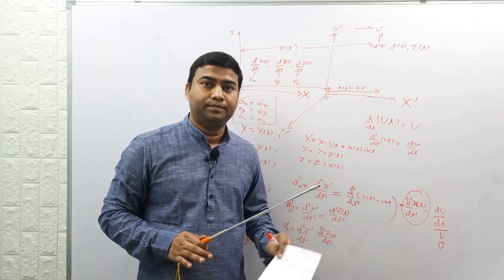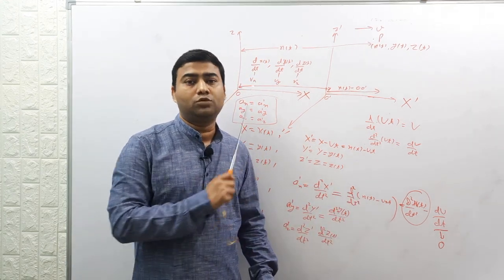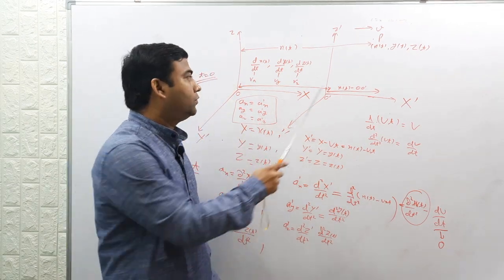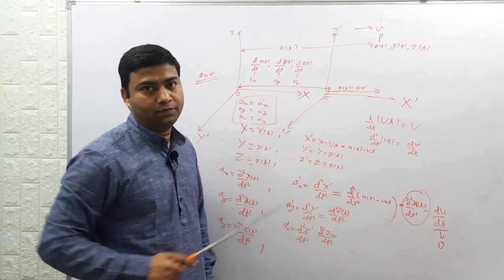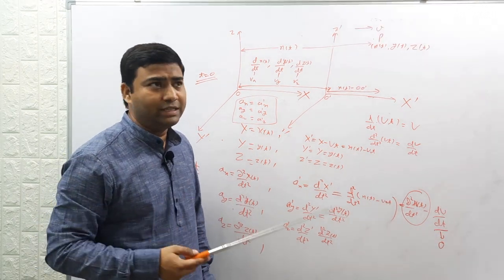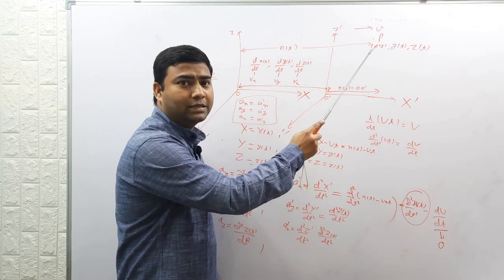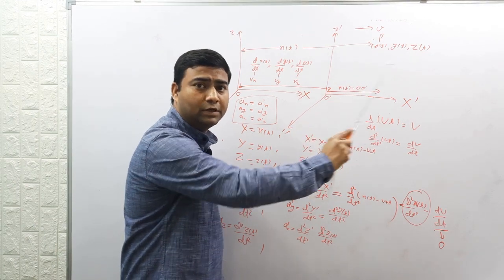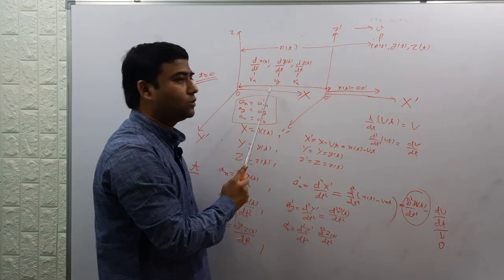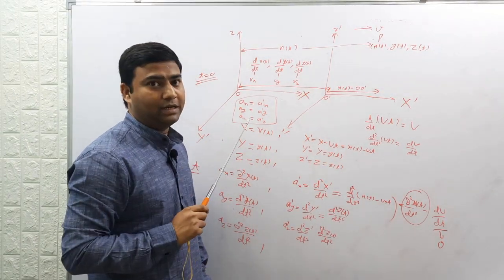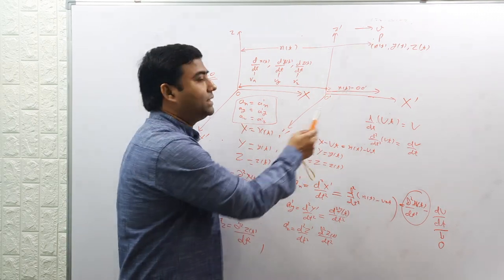That's why it is called an inertial frame, because the law of inertia holds true for this frame as well as for this frame. If there is no external force, in this frame its velocity will be dx over dt minus v, which will be constant, and in this frame its velocity will be dx over dt, if no force is applied on the particle.